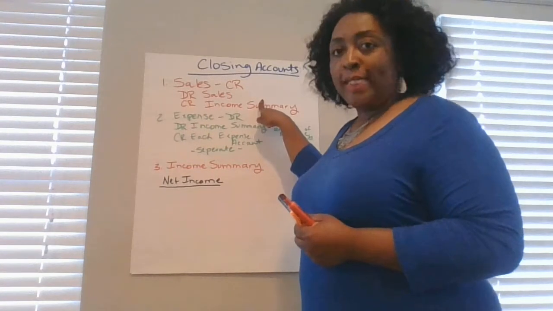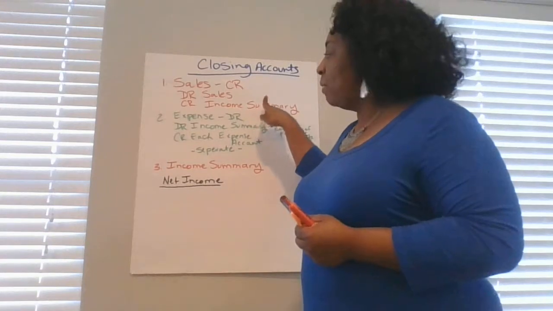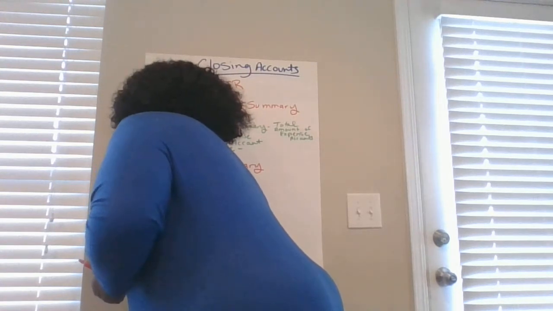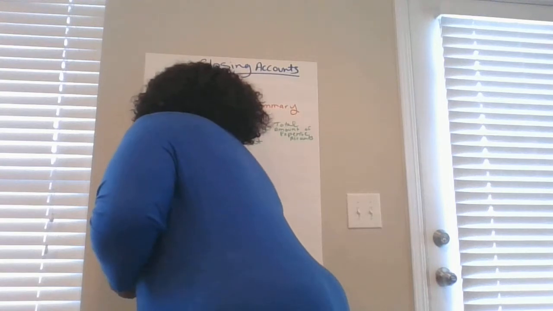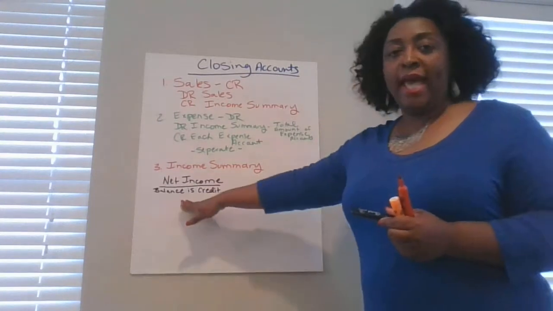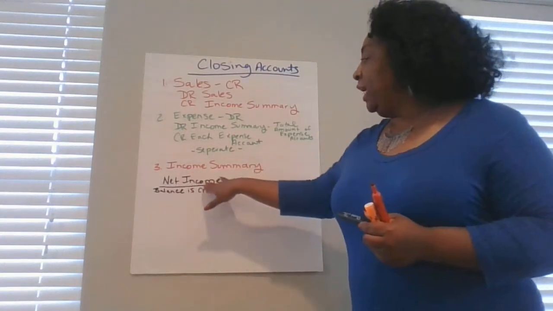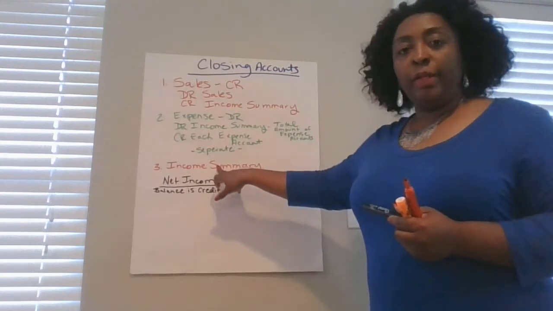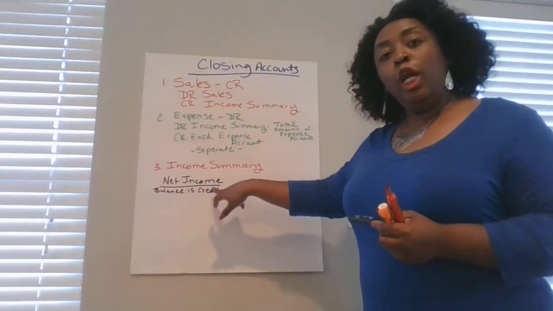And if we had more sales than expenses, the income summary balance is credit. So if we have net income, the final balance of the income summary would be credit.